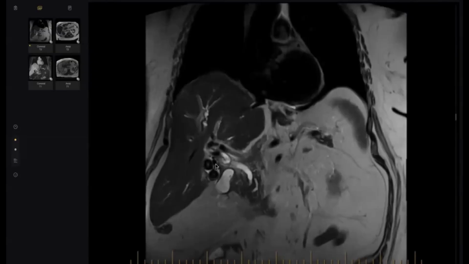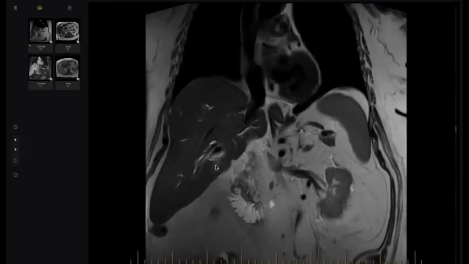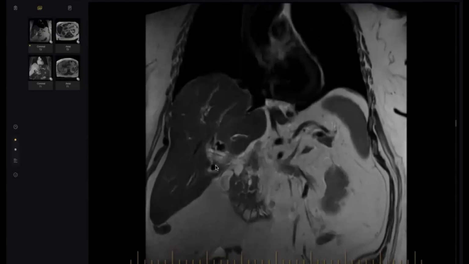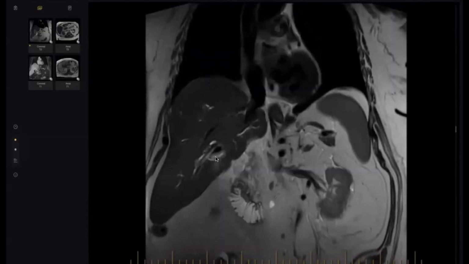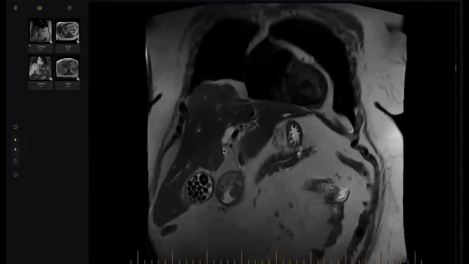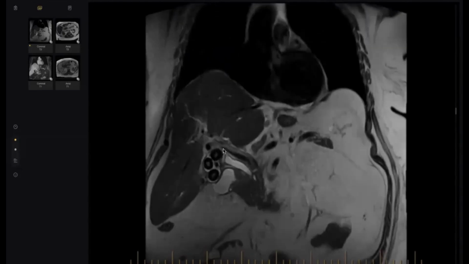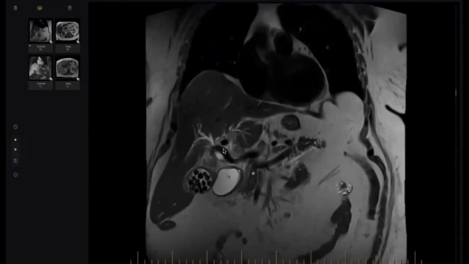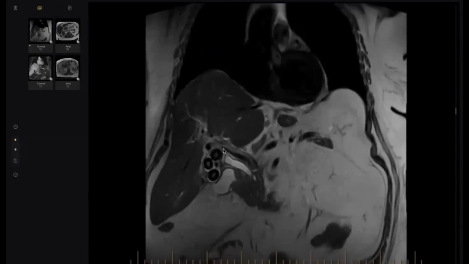As I go up, I can see that there are also multiple calculi noted in the region of the hepatic hilum, which is likely in the CBD. Some hypointensities are also seen. I'm trying to locate the CBD. I do not see any dilatation of the intrahepatic biliary channels.